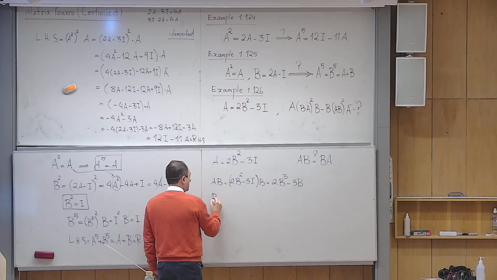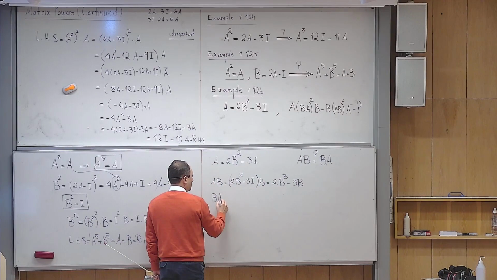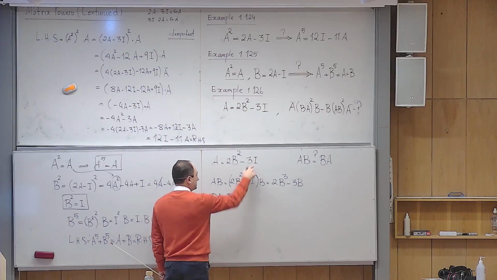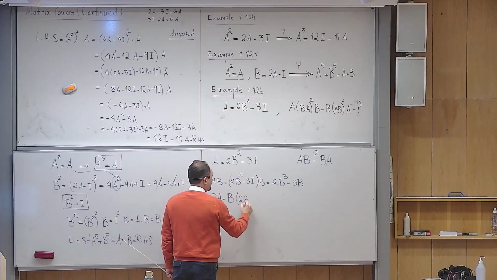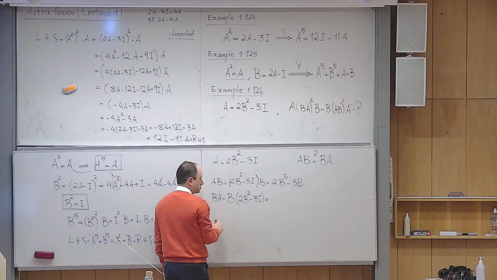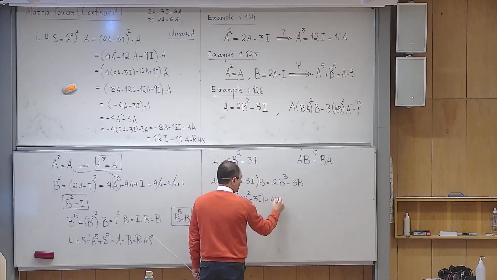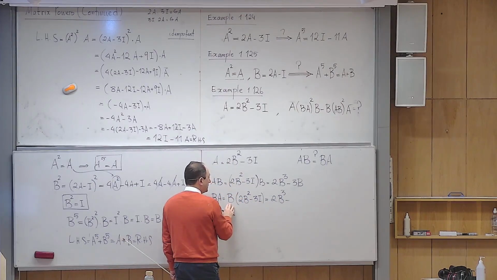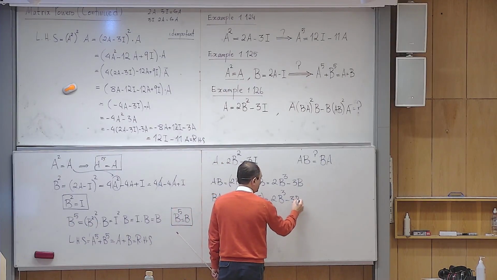Now if I ask you what BA is, I would write B this time, but instead of A, I put this expression. This becomes 2b squared minus 3i. And then I multiply it from the right side, so this becomes 2b cubed again, minus 3b, being multiplied by I from the left hand side, but bi is also b, so it becomes minus 3b itself.